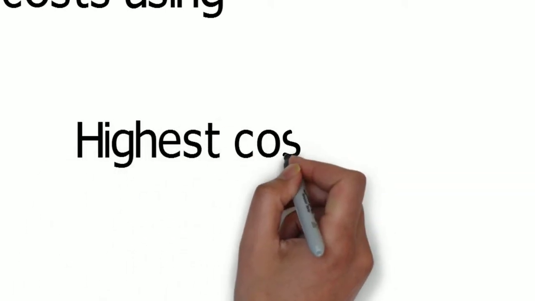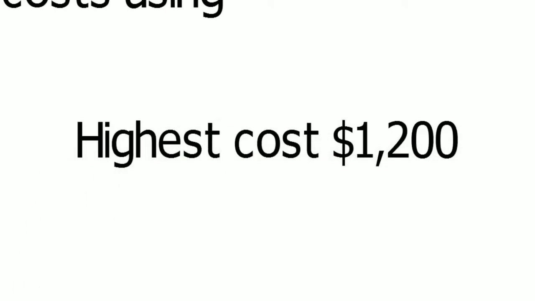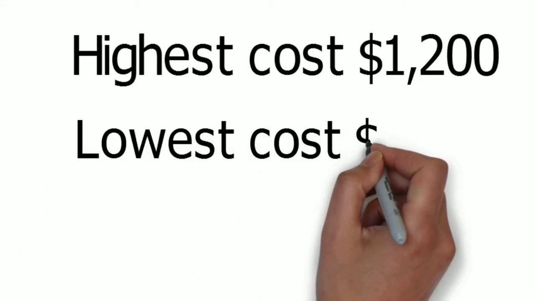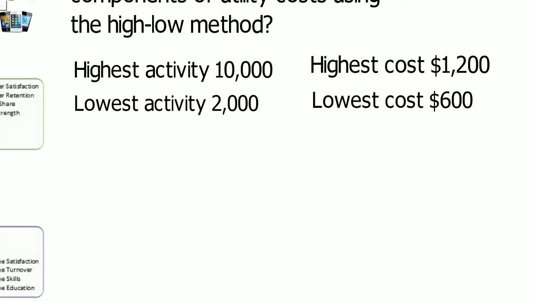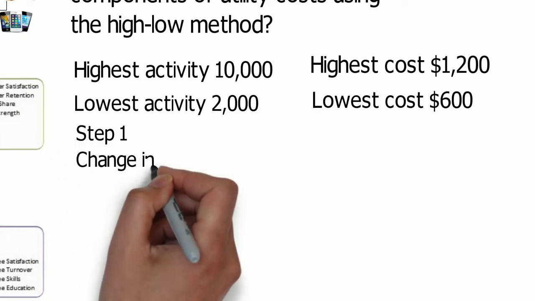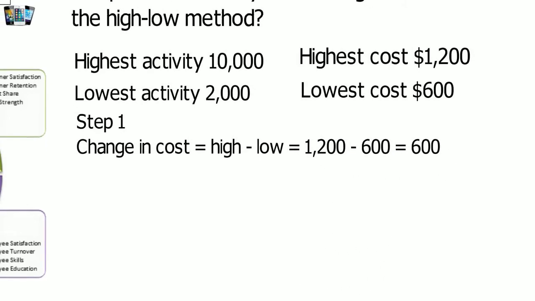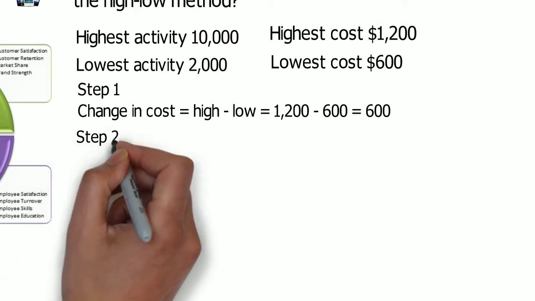And our first step in calculating the high-low method is to take the difference in cost between high and low, 1,200 minus 600, and the change in cost therefore is $600. And that gives us our base from which we will calculate our variable costs. Step 2 is then to calculate those variable costs.